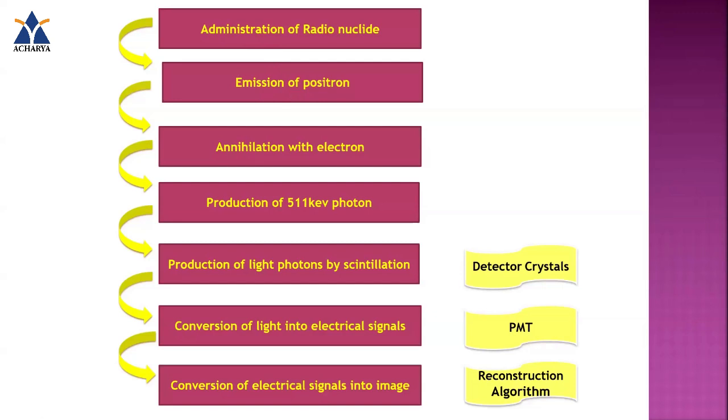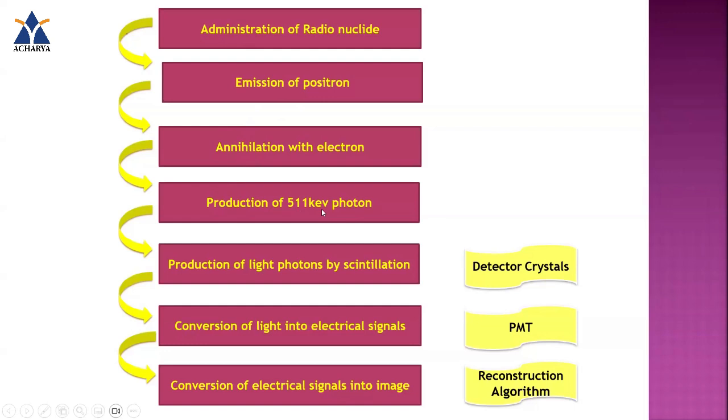So the positron is emitted by the radionuclide in the region of interest. The next step is that the emitted positron is annihilated with the electron of the region of interest. That is called the annihilation process. The positron and the electron interact, both particles disappear, and a pair of 511 kiloelectron volt photons are produced.